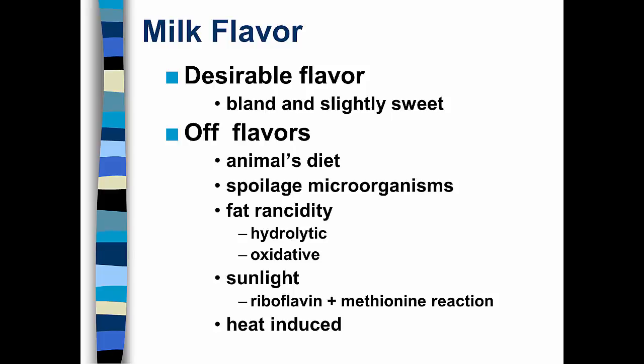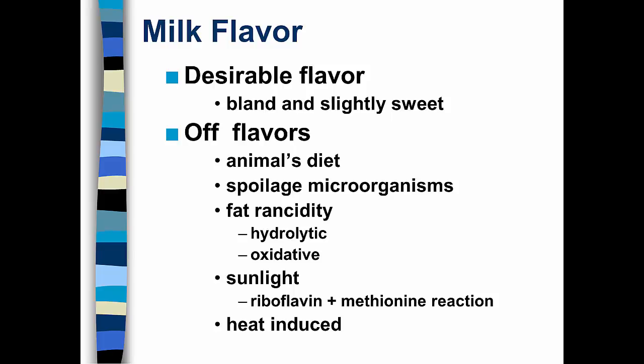We can get off flavors that develop from sunlight. So if you have the milk in a clear glass container and it's out in the sun, there's a reaction between riboflavin and methionine that gives a very characteristic sunlight off flavor to the milk. We have heat-induced off flavors. The higher the temperature and the longer the time that milk is exposed to during pasteurization, the more of these heat-induced off flavors you will have.